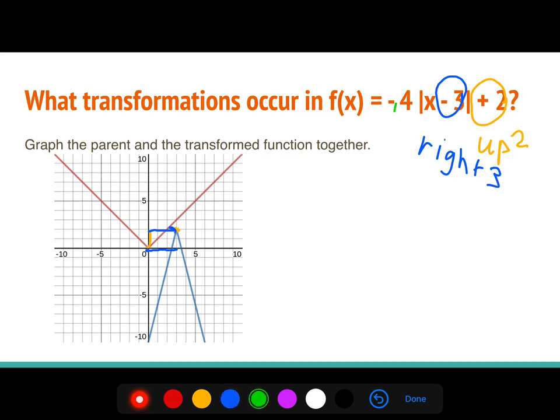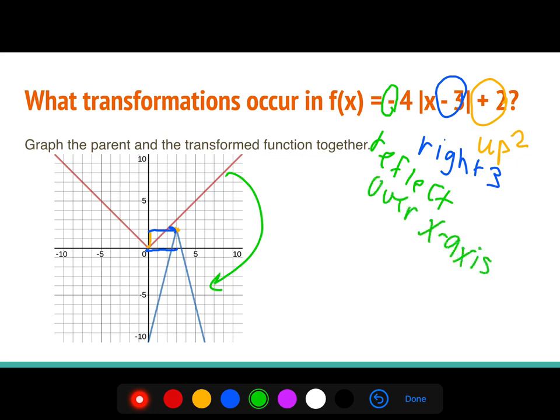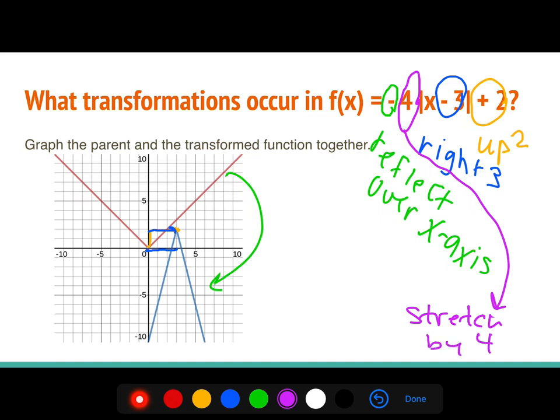And then I look at the negative, made him turn upside down. Oh yeah, he is definitely reflected over the x-axis. And then there's one more little thing in there, that 4. The 4 makes him stretch or narrower by 4.